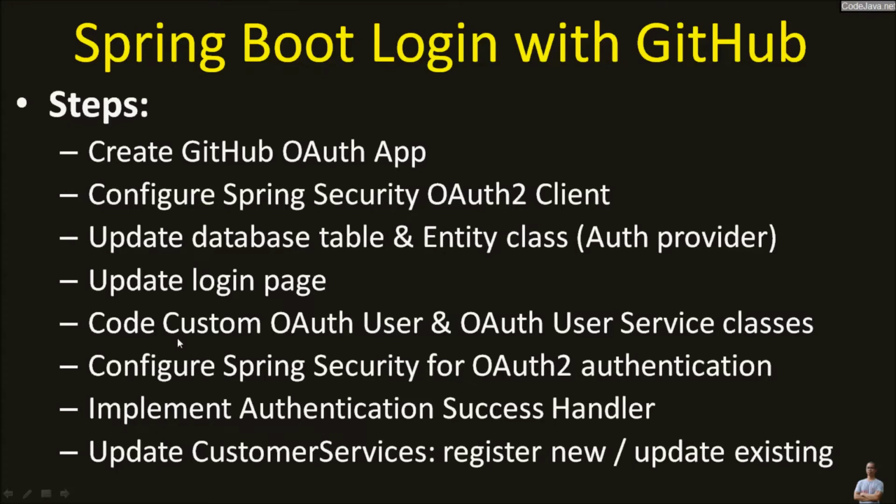Next, we need to create a custom OAuth2 user class to represent the user object returned by the OAuth2 authentication process, and also create a custom OAuth user service class to return the custom OAuth user object.